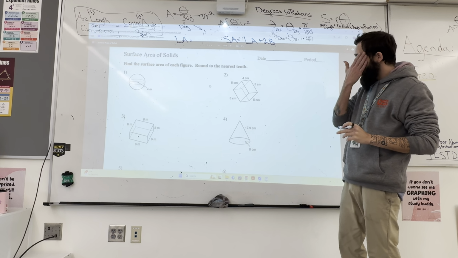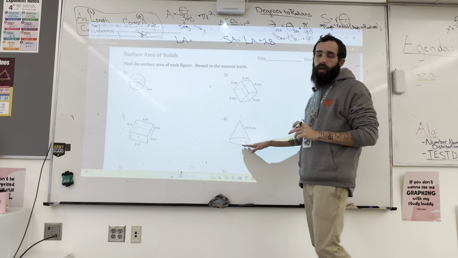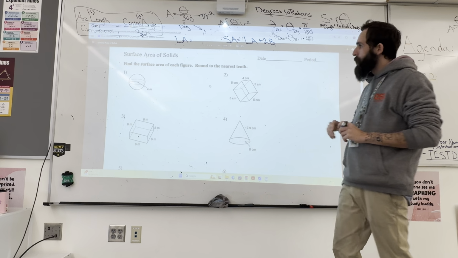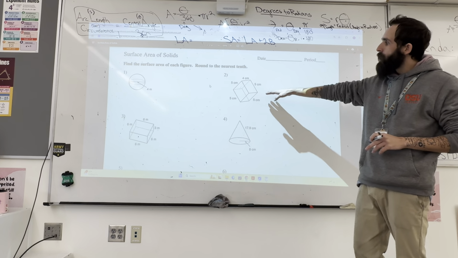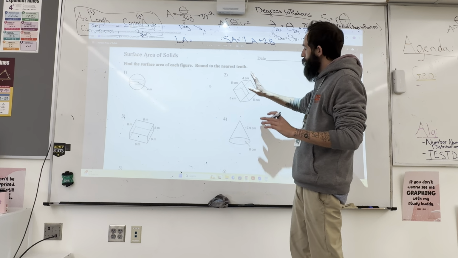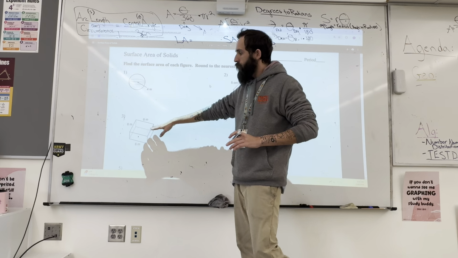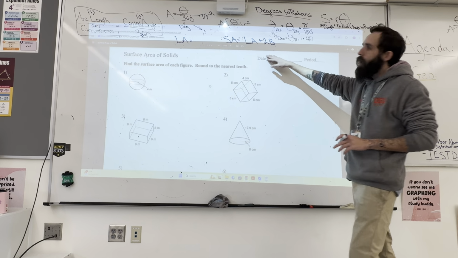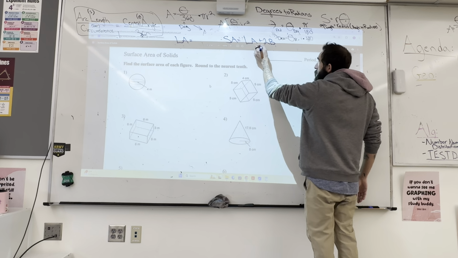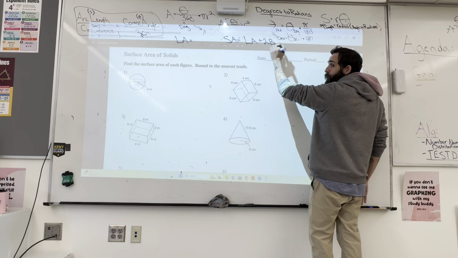Now that is for prisms. If we have a cone, it will not be the same. We will have something else for a cone. Same for a pyramid. Spheres are totally different. But for at least these two and a few more we'll do, this is always what we're doing. We're just doing the lateral surface area plus the area of 2 bases.